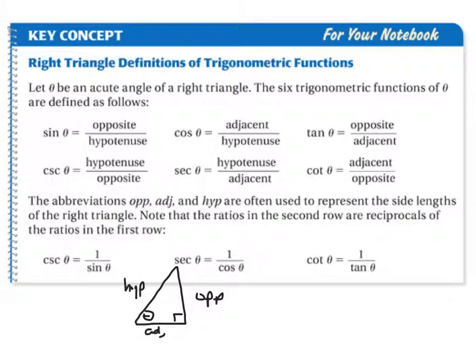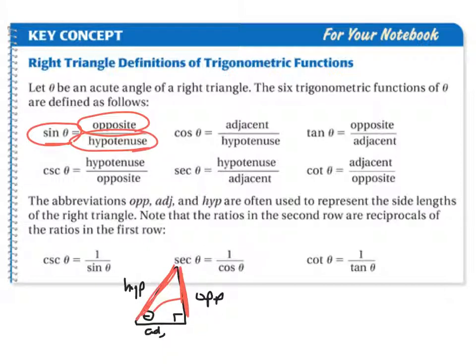So, sine of theta, so this is a ratio, so the sine of that angle theta is the length of this opposite side over the length of the hypotenuse. So we would type in the measurement of the opposite side of the triangle, divide by the measurement of the hypotenuse.